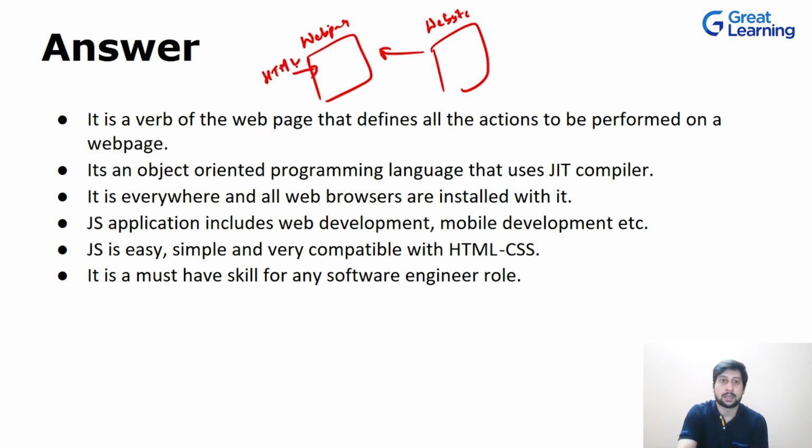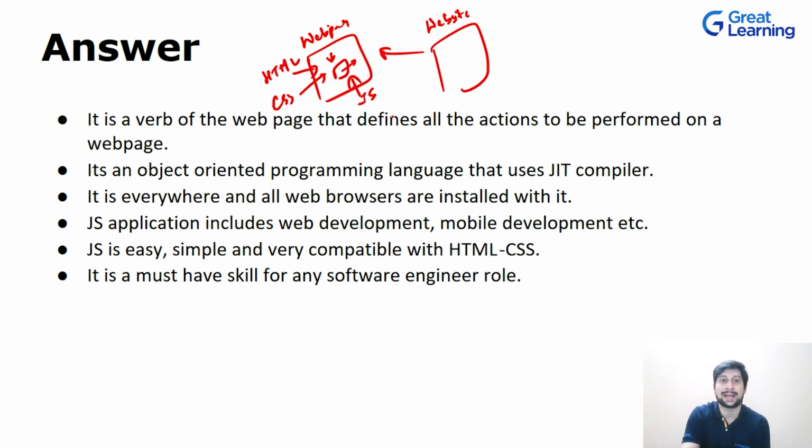If you want to add some coloring or styles, you will use CSS. Now any actions, let's suppose here you have a button. Once you click on this button, let's suppose you want to create a new image and that should be rendered over here. Any actions that you are performing on this web page are basically your JavaScript.